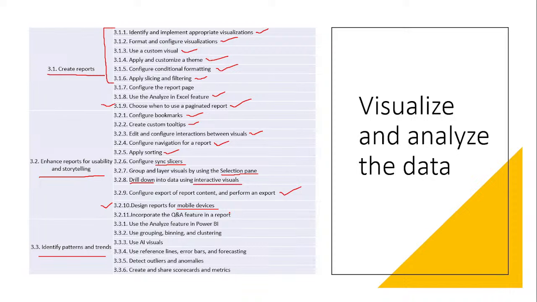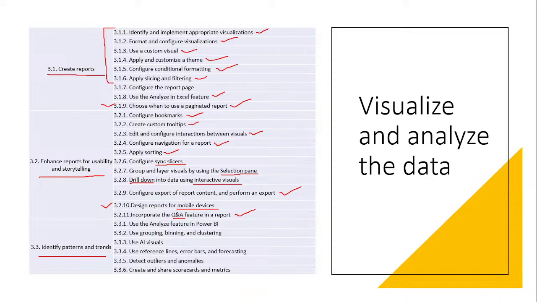How you can incorporate the question and answer features in the report, just like the AI tools you all are using. So how you can configure it, how you can design the Q&A features into it.